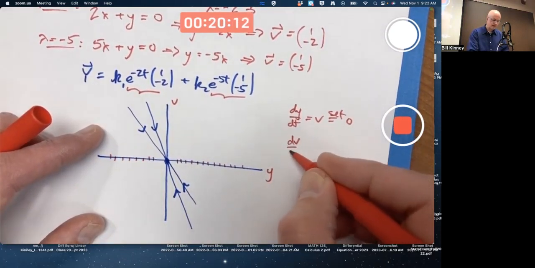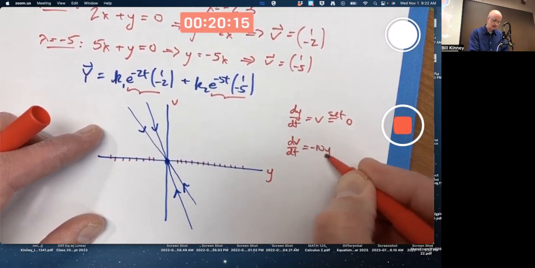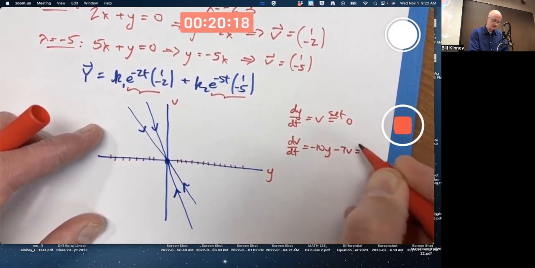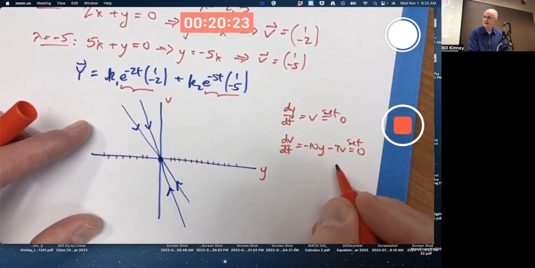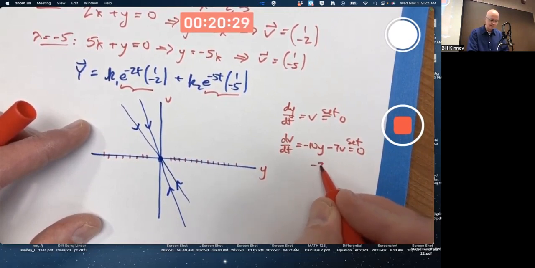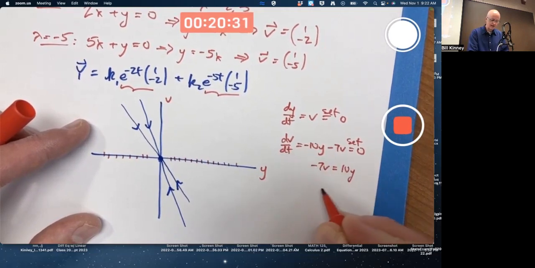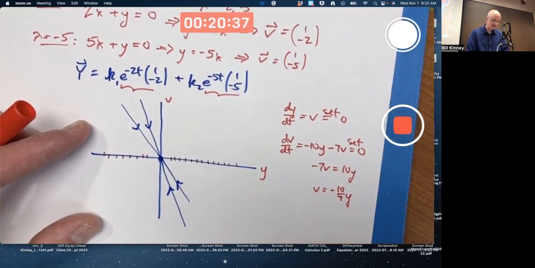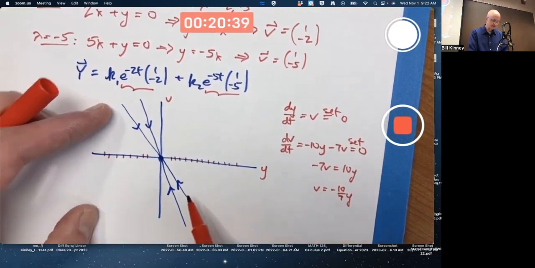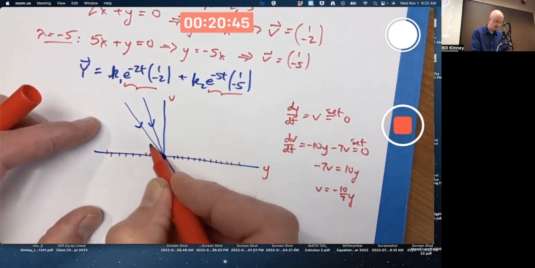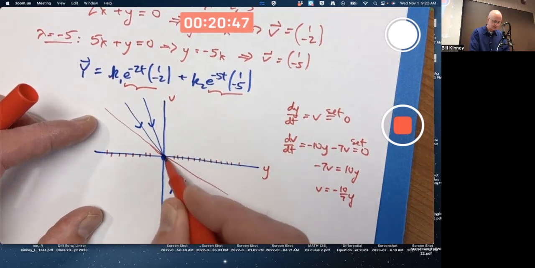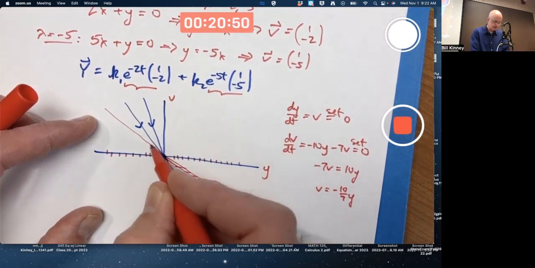For the other nullcline, the v nullcline, you've got to set this equal to 0, and probably it's easiest to solve for v as a function of y, because then the slope interpretation will be easier to think about. -7v will be positive 10y. v will be -10/7 y. Slope of -10/7. This line had a slope of -2. The other nullcline is somewhere around like this. And you've got to cross that horizontally. It's not a perfect picture.